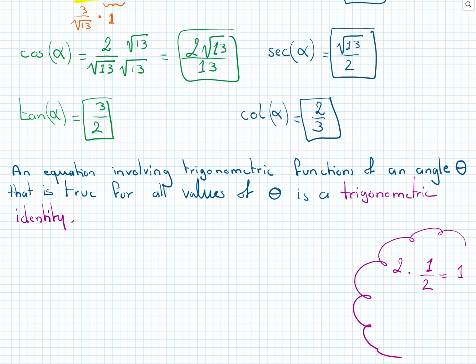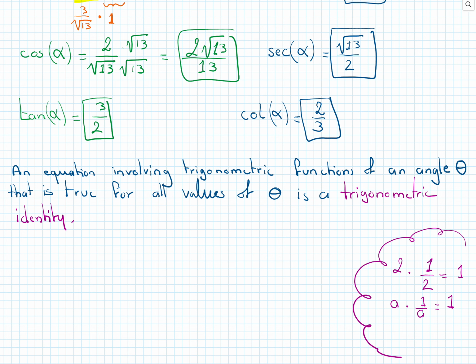This will be always true no matter what that number is. 2 could be anything. So really, a times 1 over a is always going to be 1.